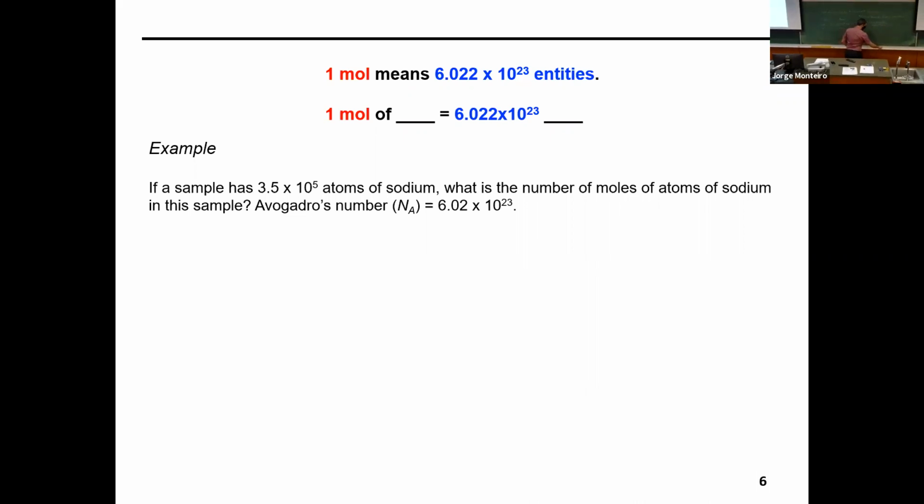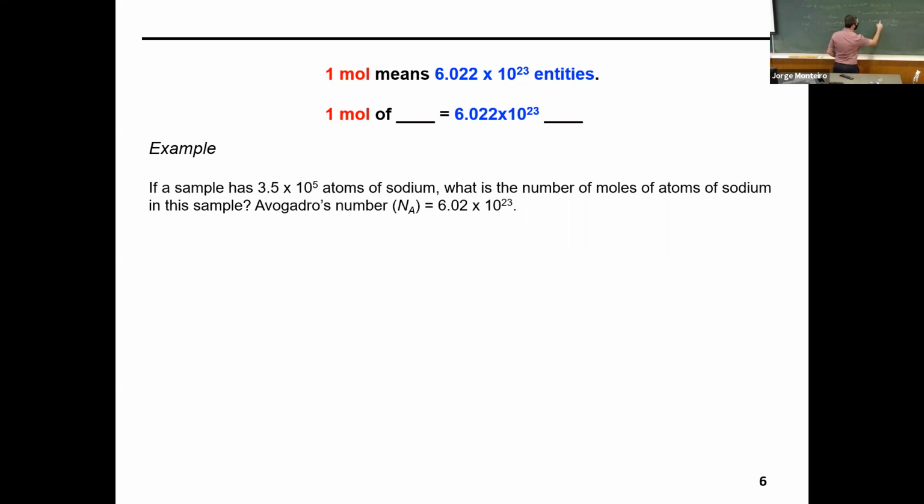Let's check the units. Atoms on top and on the bottom, we can cancel. So our answer is going to be in mole as expected. So here we have a division of powers. So keep the base and subtract the exponents.